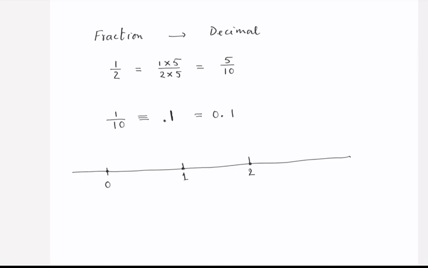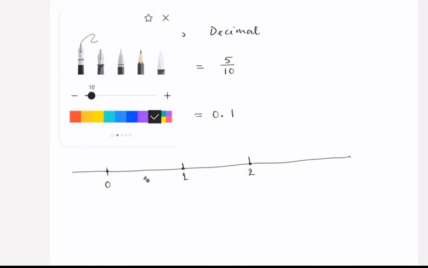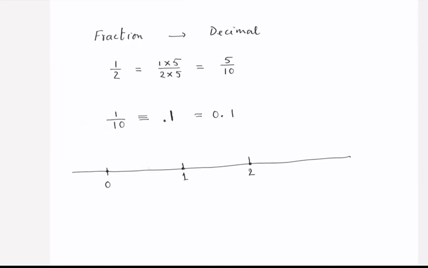So our interest is to find out how to represent half, which is a fraction less than 1. So we are concerned with points between 0 and 1. We know what half means. From here to here, we divide exactly into 2 parts, and let's say I mark this point.